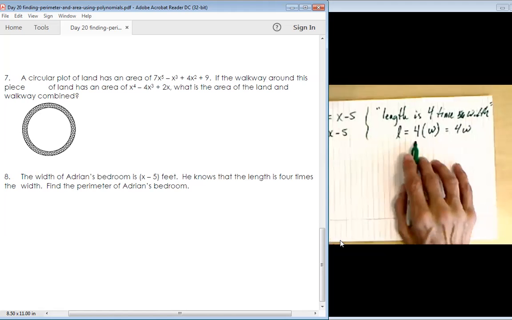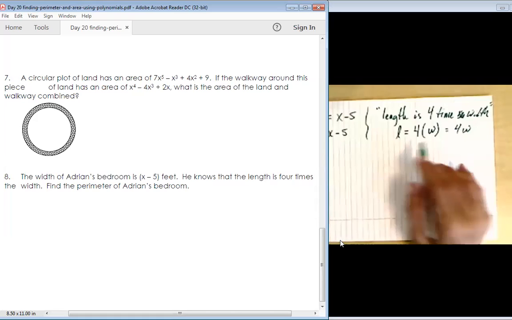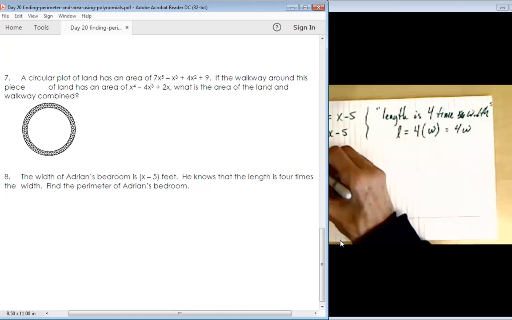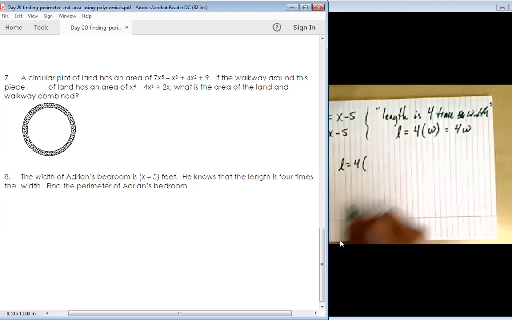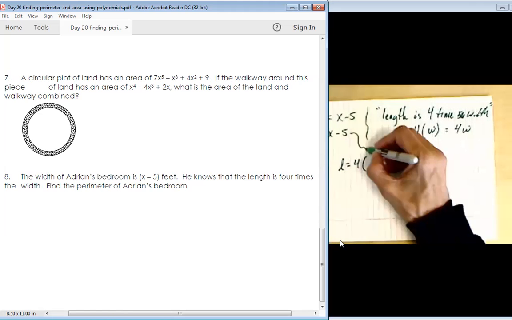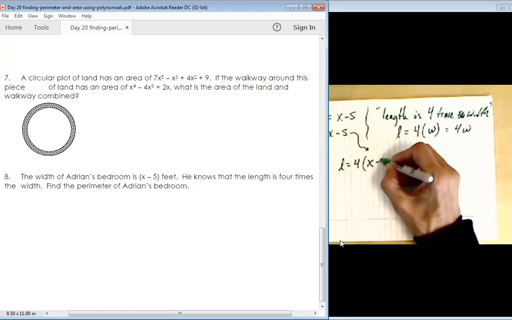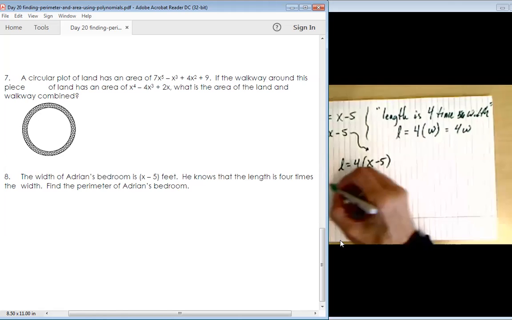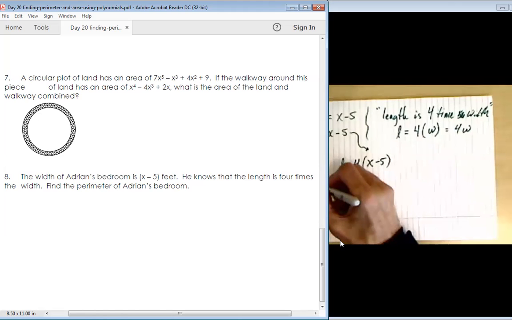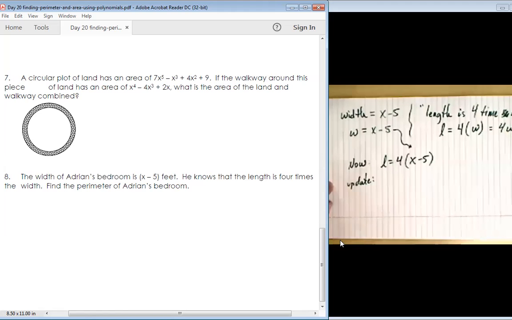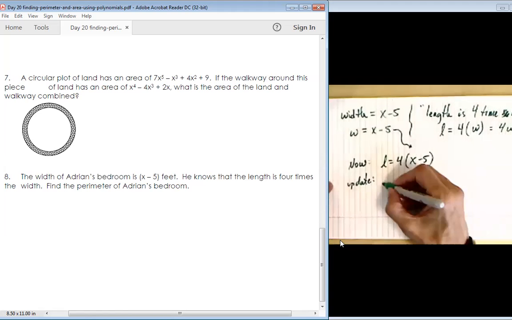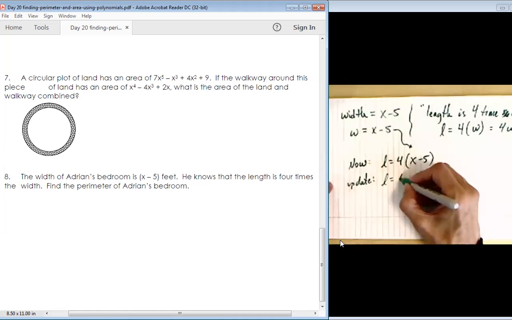Now the length is 4 times, what's the width? Exactly, x minus 5. And so the update is there. Length is 4x minus 20.